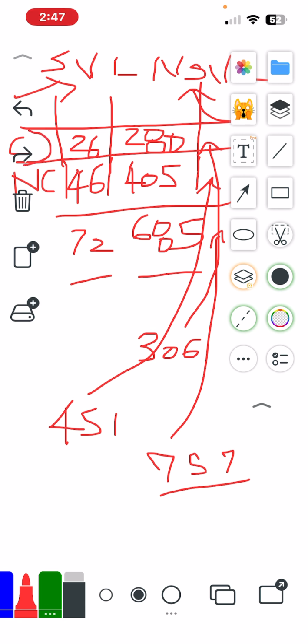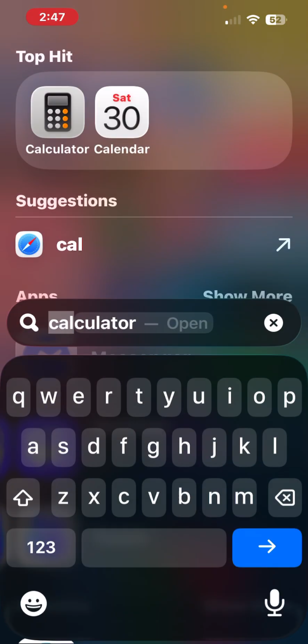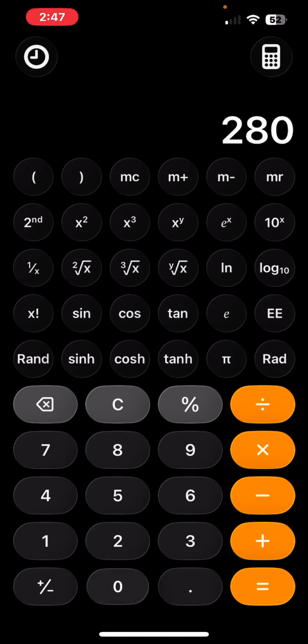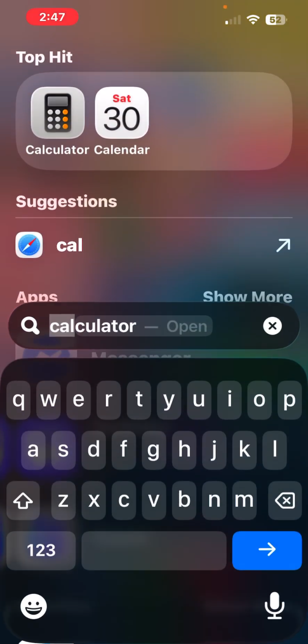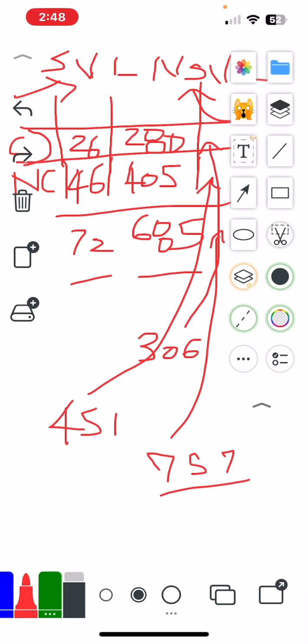This total adds up to 280 plus 26, which is 306.